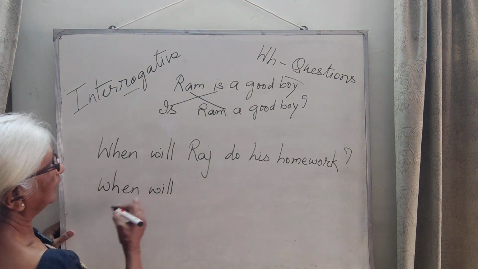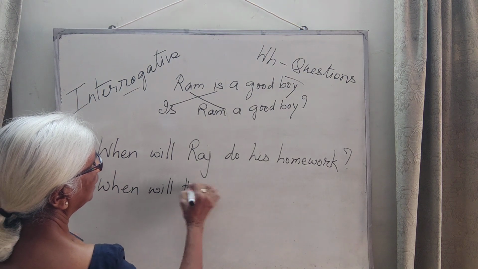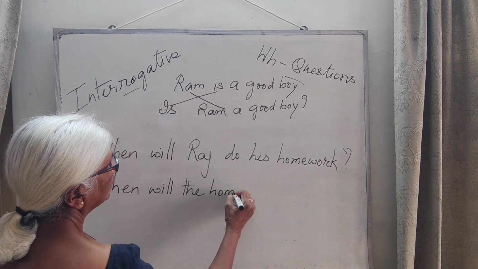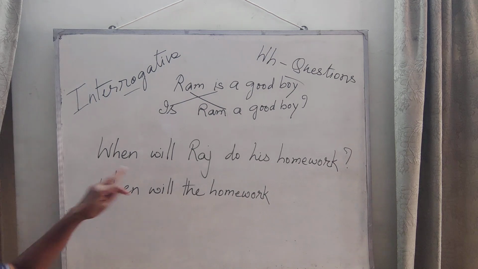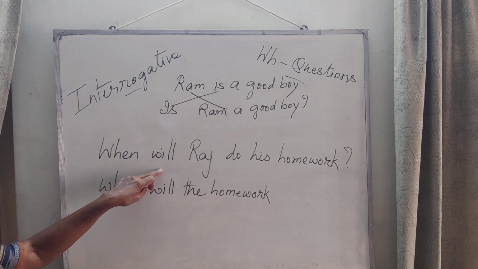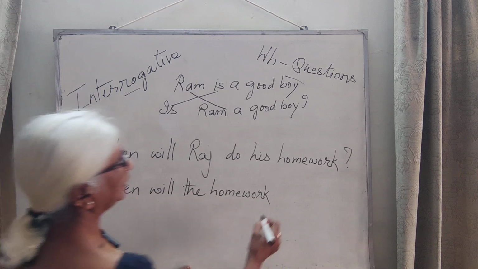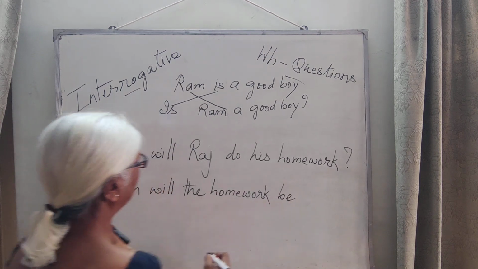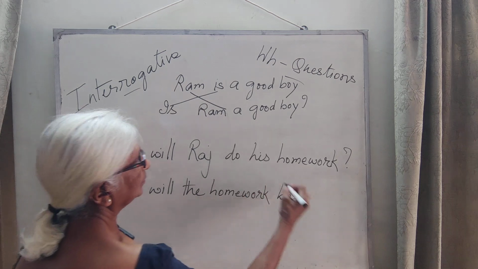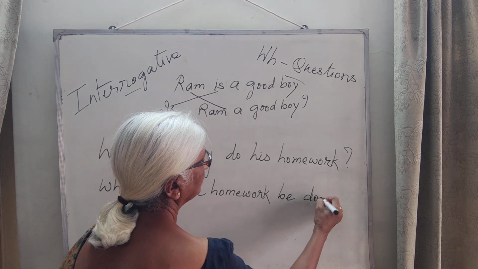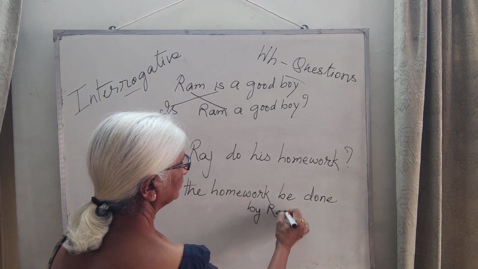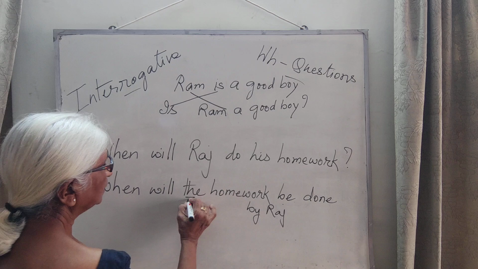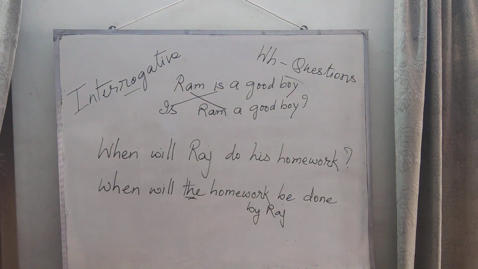Either you can say when will the homework, will is there, isn't it? So in future we have be. When will the homework be done, do it, past participle done, by Raj. His will not come. You can't use a pronoun before a noun.